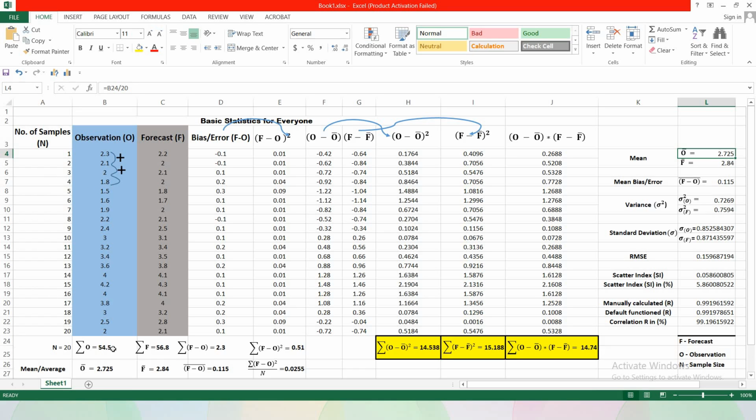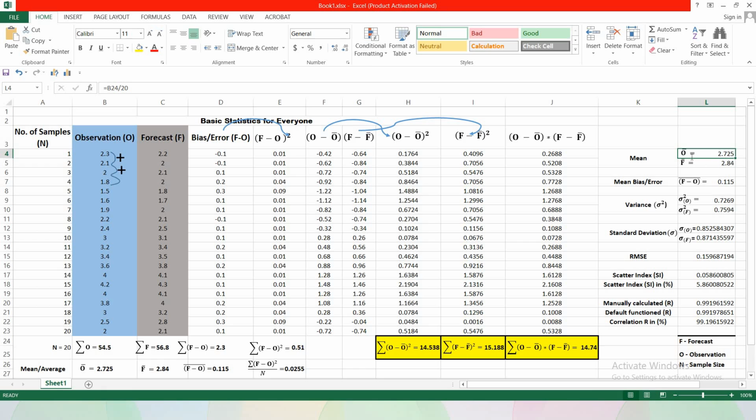That is, the summation 54.5 divided by n, that is 20. If I place the cursor in this cell, it is showing B24 by 20. B24 is the summation of all these data points, 54.5, divided by n equal to 20. This is what I did in this place.